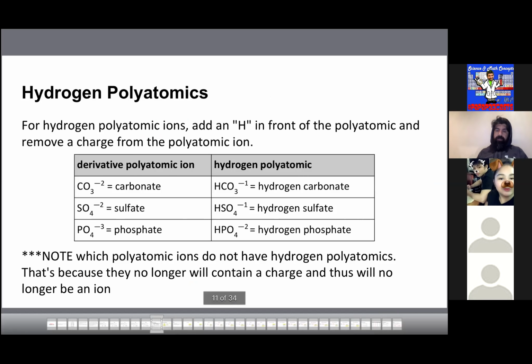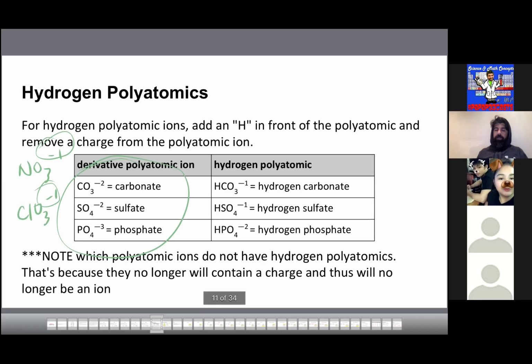Some other polyatomics that we're going to see are hydrogen polyatomics. Not as common, but you'll come across them nonetheless. They only work for these 3 polyatomics. The reason why it doesn't work for nitrate and chlorate is because all of them have a -1 charge.